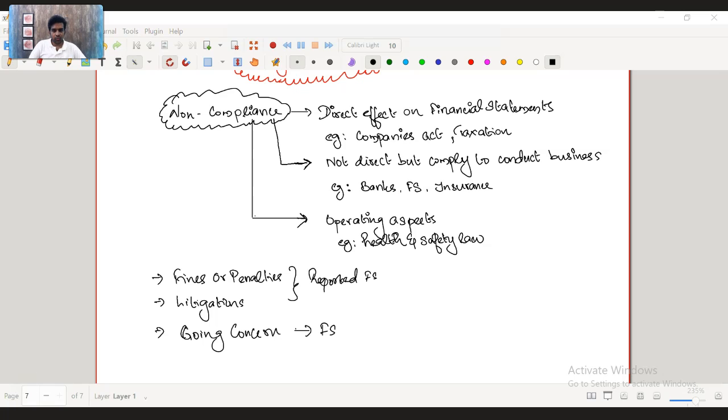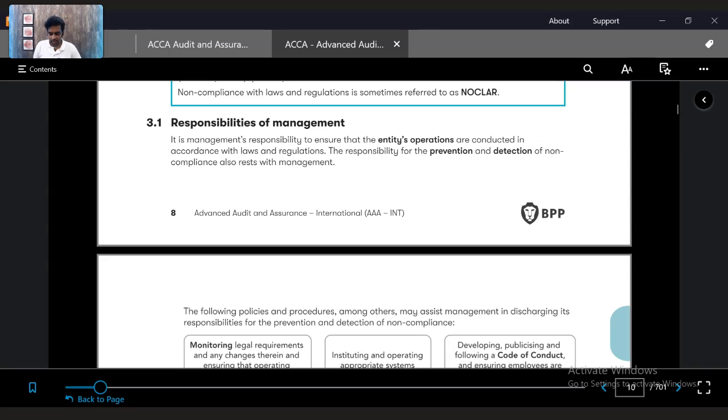So now let's learn what the management's responsibility is with respect to this NOCLAR. Management are the ones who are conducting the entity's operations. They are the responsible party who are required to ensure that the business is conducted in accordance with applicable laws and regulations.